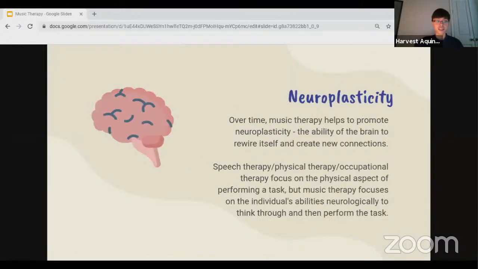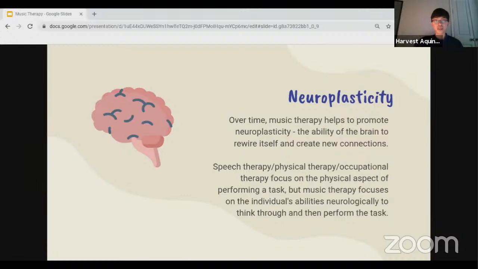Another benefit, so we talked about the demographic it fits, it's very wide. Another one is neuroplasticity. Over time, music therapy helps to promote neuroplasticity. This is the ability of the brain to rewire itself and create new connections. So for that person with speech concerns that I introduced earlier, music therapy helps to create new pathways and new connections that make speech easier for them.